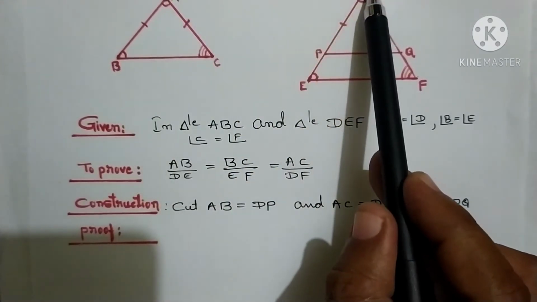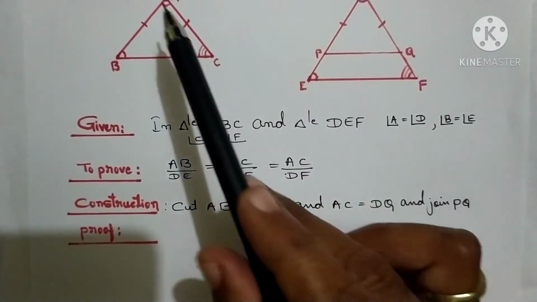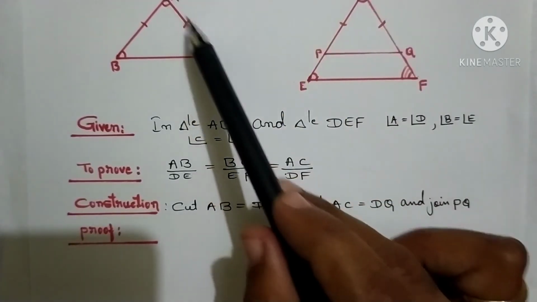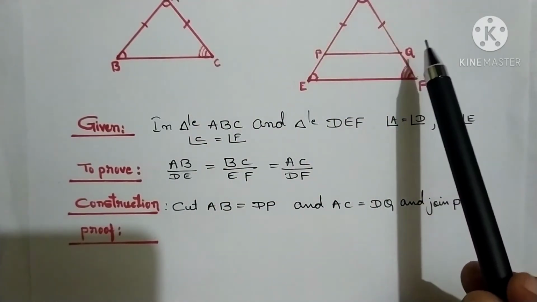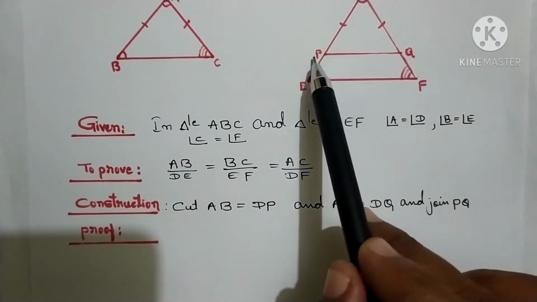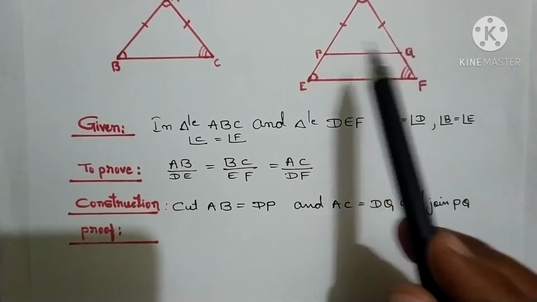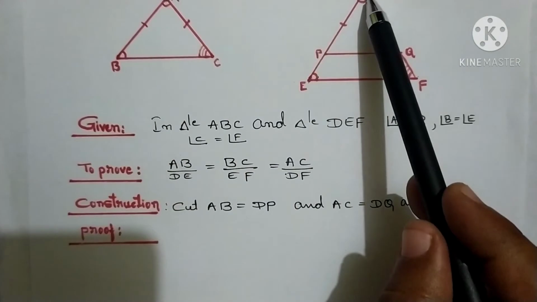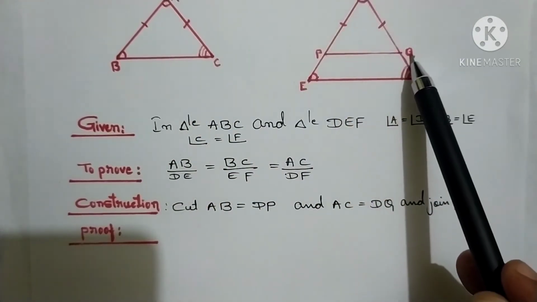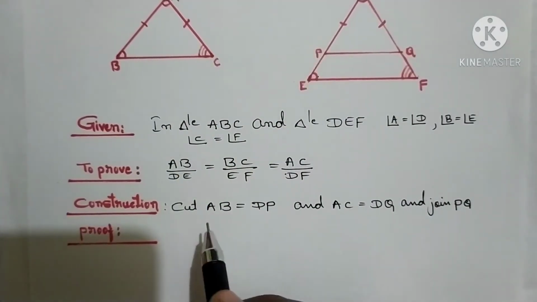Now cut AC equal to DQ, and join PQ, these two points. Okay, this is the line. Understood? Now here AB is equal to DP, AC is equal to DQ. This is by construction. Okay, then proof.